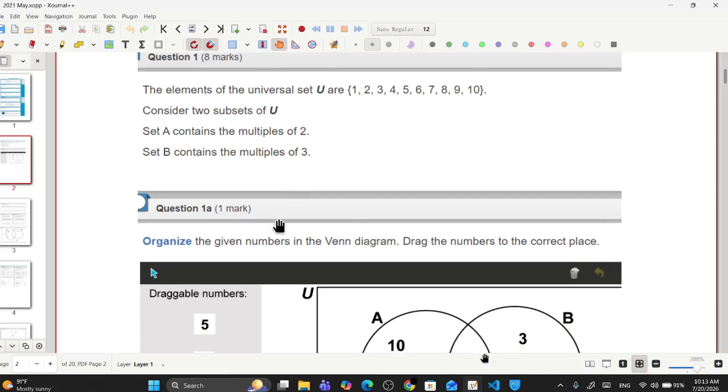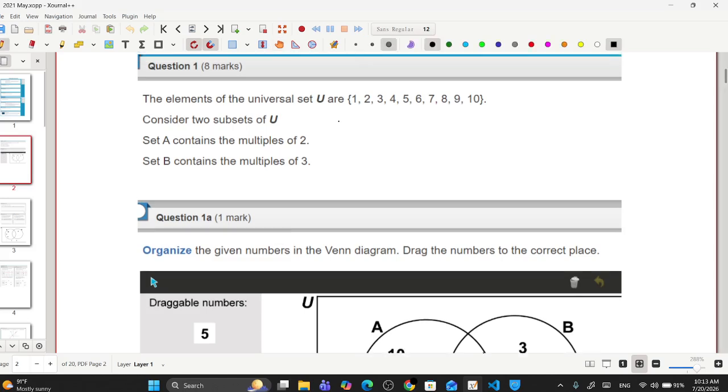So basically, whenever we see the word subset, it means small branches of the main set. Set A contains the multiples of 2 and set B contains the multiples of 3.